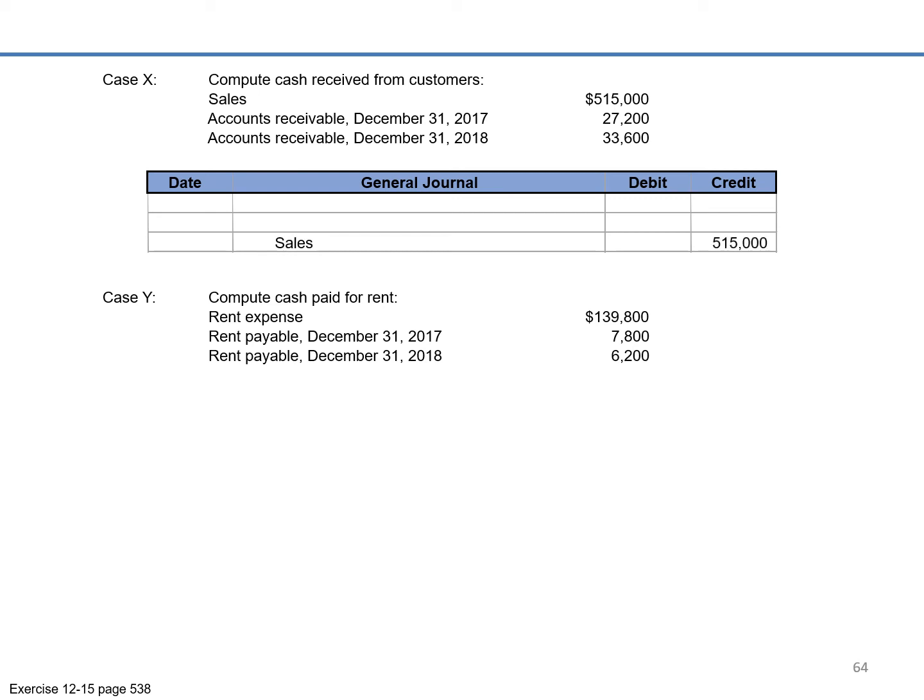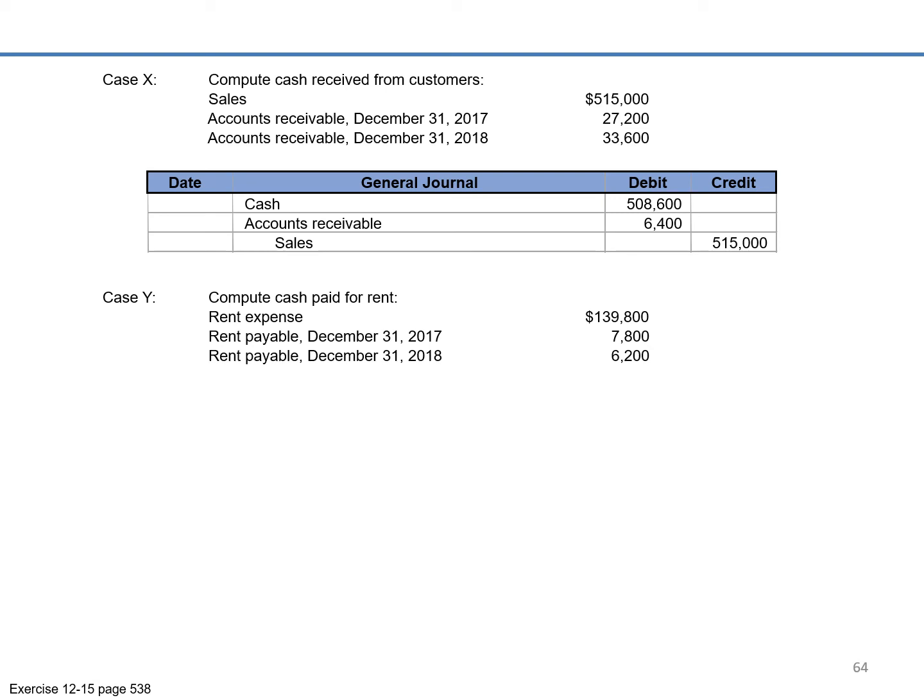And our change in our accounts receivable balance is a decrease of, what is that? 5,400. Oh, I'm sorry, increase. This is 17 and then 18. So we have an increase of $6,400 in our accounts receivable. So that means additional debits, right? So that must mean that the cash is your plug. So we received $508,600 of cash from our customers. Okay.